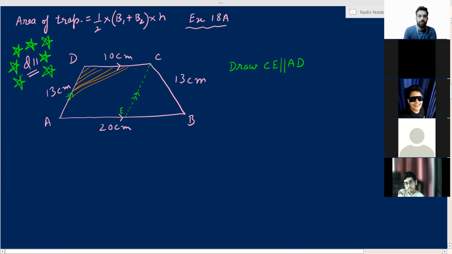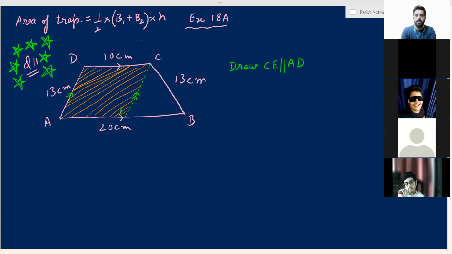Look at the figure. What is this? What shape is this? Rectangle. It is a parallelogram.